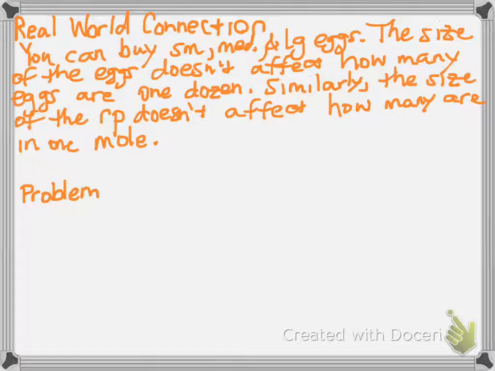But I'm still going to buy my ostrich eggs by the dozen. I still have a dozen eggs. Is the mass of those dozen ostrich eggs the same or different than the mass of the dozen chicken eggs? I think you all know that the mass of the ostrich eggs is a lot different. It's going to be a lot larger.